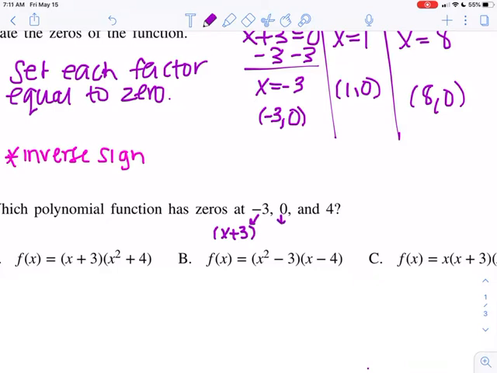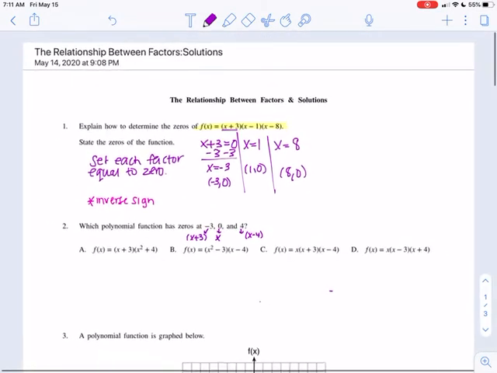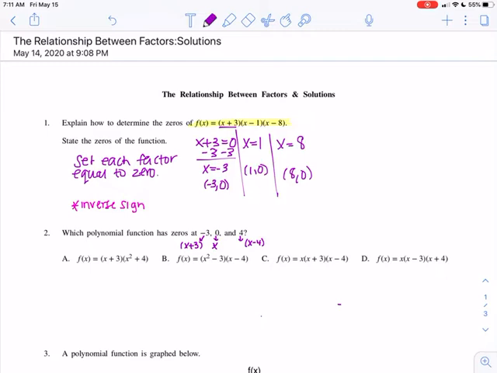If my solution is 0, then that means x equals 0, which is just the factor of x. And for positive 4, that would mean it came from the factor x minus 4. The opposite sign. So now I have, I'm going to write it right beneath it. I'm going to put the x in front. That'll help me. x times x plus 3 times x minus 4.